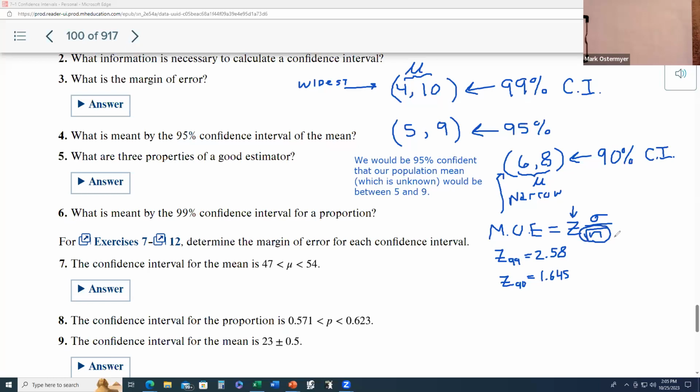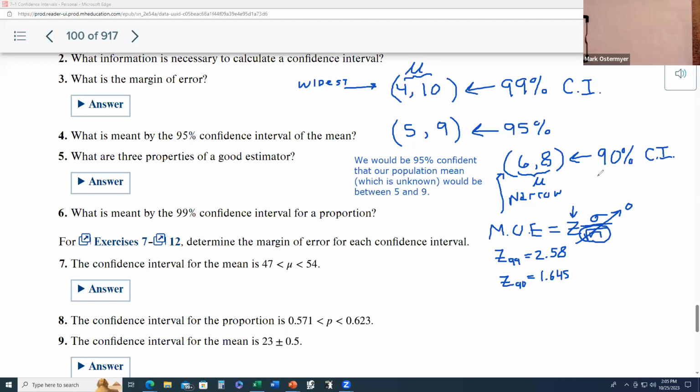And as the square root of n gets larger, the denominator of this standard error fraction gets larger, which means the fraction is going to get smaller and smaller and actually start approaching zero. So if you increase the size of your sample, you drive down the value of this standard error, which means you drive down the value of your margin of error, which means your confidence interval is going to become more and more narrow.